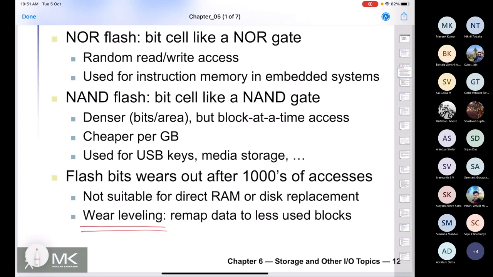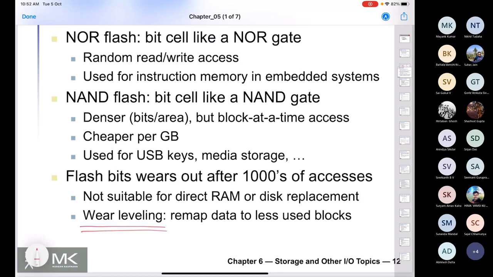These wear leveling controller algorithms are implemented in reasonable devices, and it happens automatically. The address remapping of these writes distributes them over the entire chip, and you will find that more or less the entire chip has gone through the same number of read and write operations. So they keep track of how much wear has happened in particular portions of the chip. That's a very interesting concept.